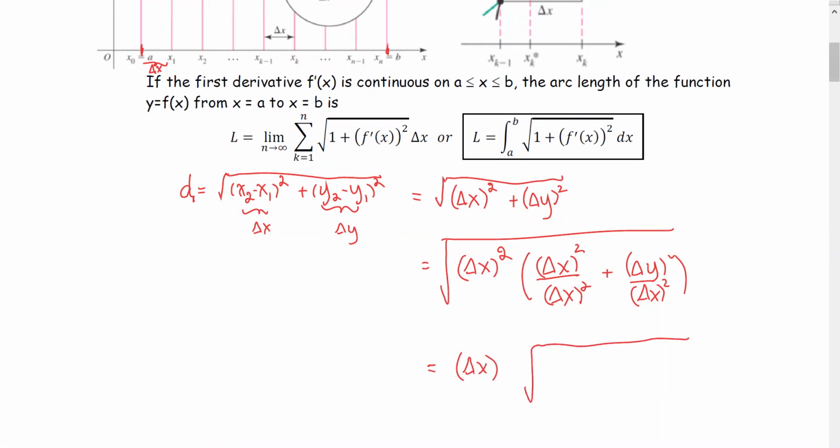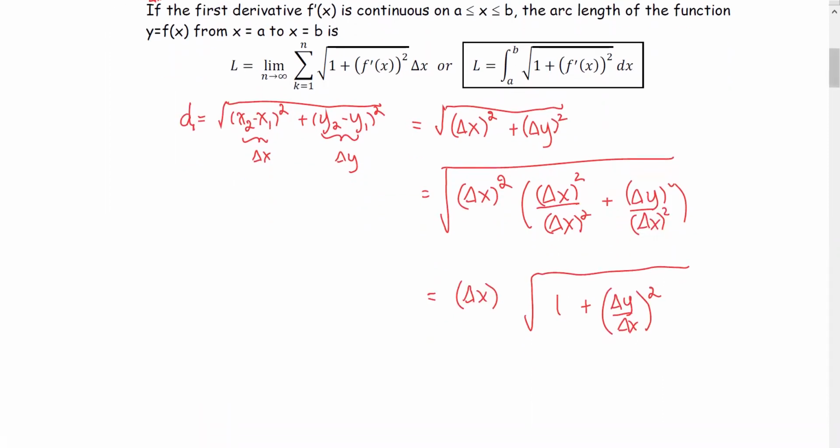In the radical, we have 1 plus delta y divided by delta x quantity squared. As you know, delta x is the same as differential x. So we have the square root of 1 plus delta y divided by delta x quantity squared, multiplied by dx. This is the length of one segment.